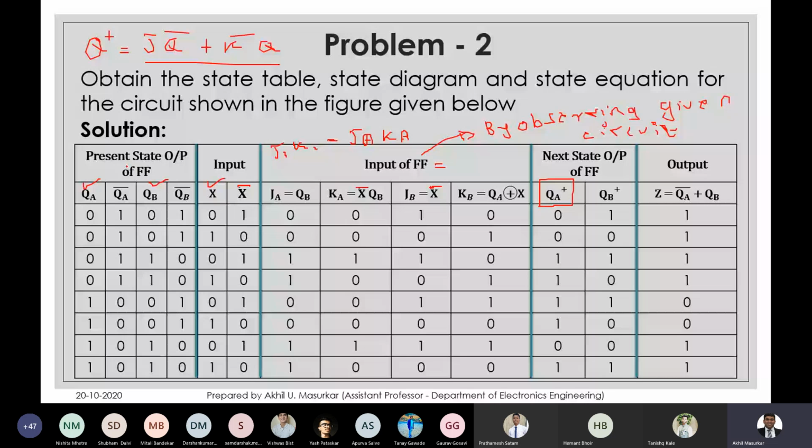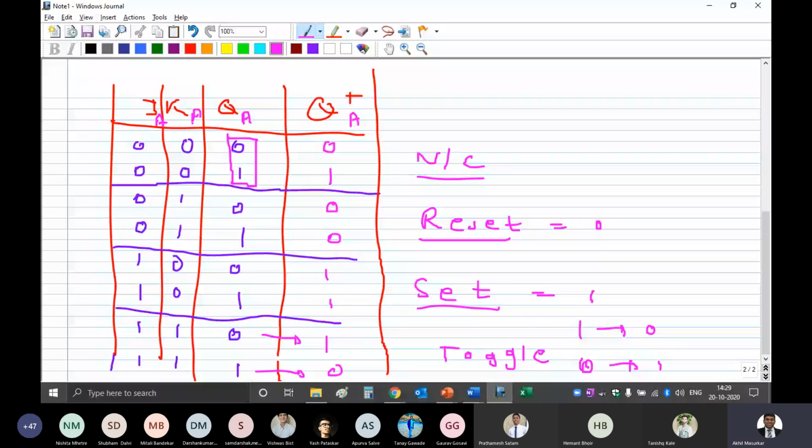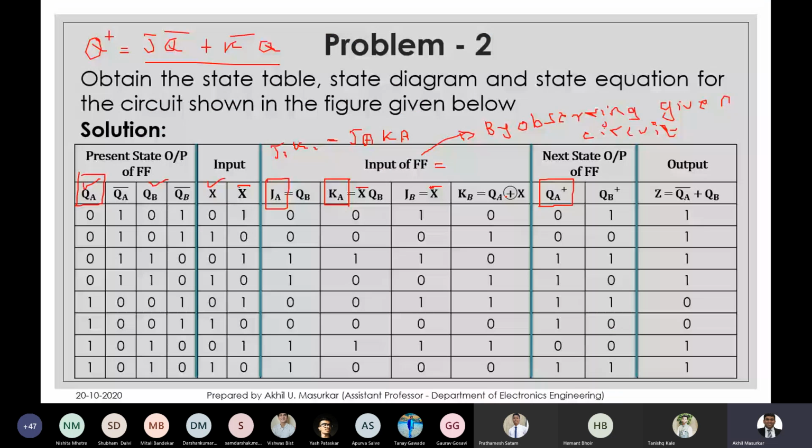If this is QA plus, then I should look at QA, JA, and KA. So are you all able to identify these three? QA, JA, and KA. Now the same logic I would apply in this context.